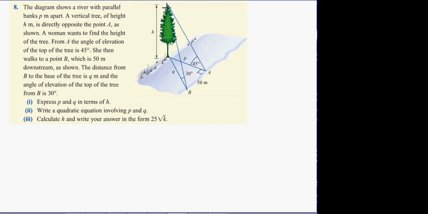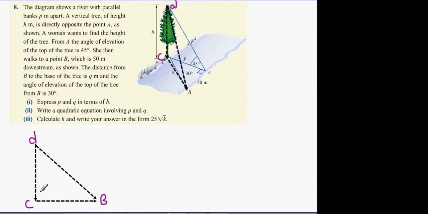First thing I'm going to do is map out this triangle here, and label all the points. Let the bottom of the tree be C, let the top of the tree be D. Then we're going to get the triangle DCB, D to C to B. What angle is it here?